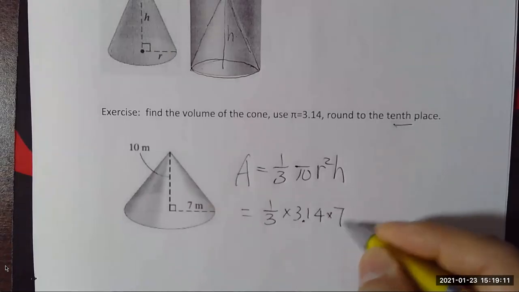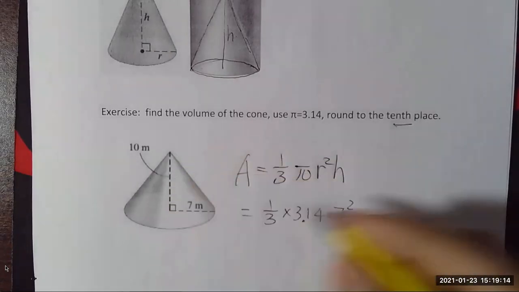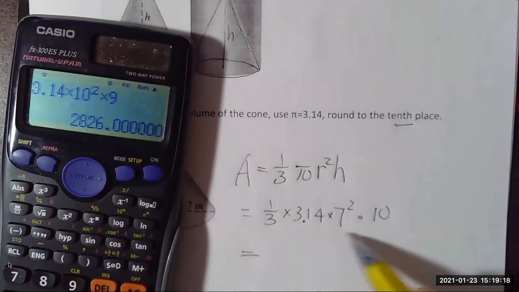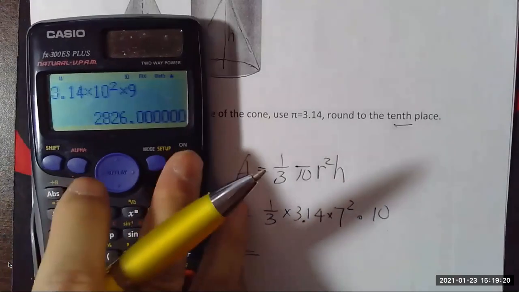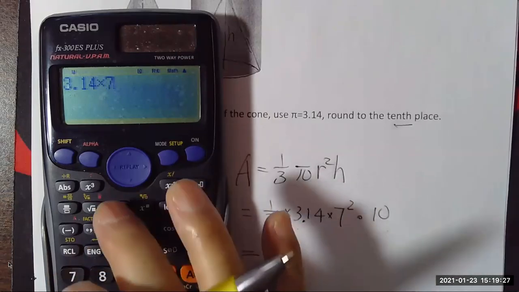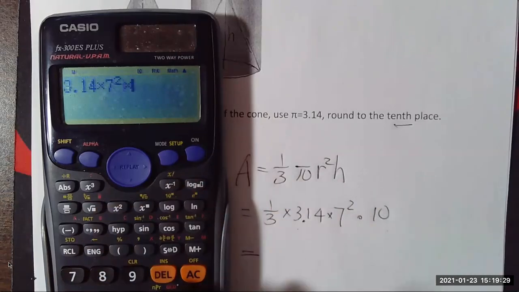So times 7 squared. And the height is 10. So let's do the calculation. I'm going to do this part first and then divide by 3 to get 1/3 of it. 3.14 times 7 squared times 10. Then divided by 3.